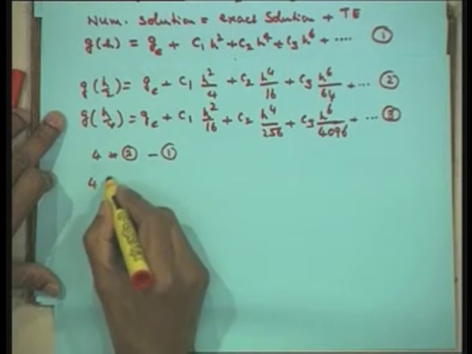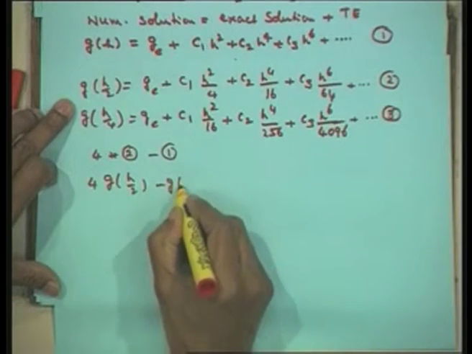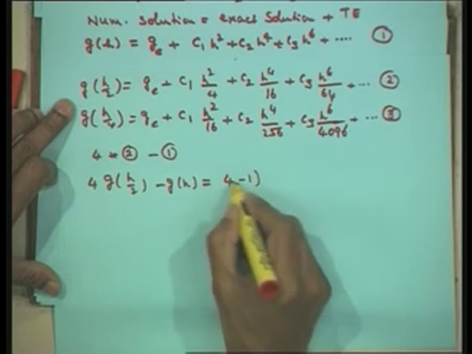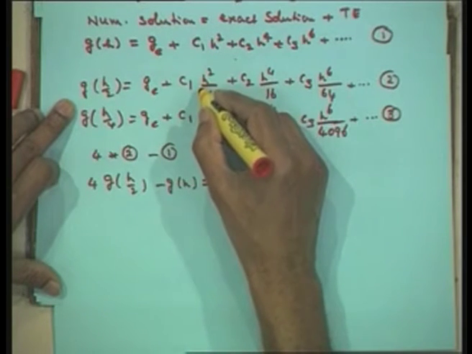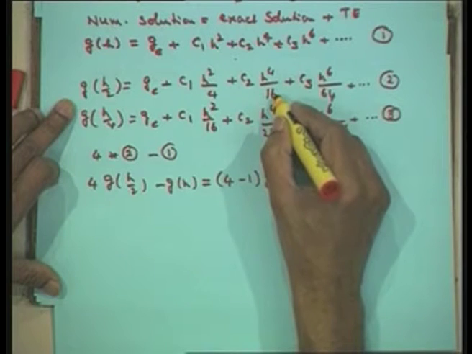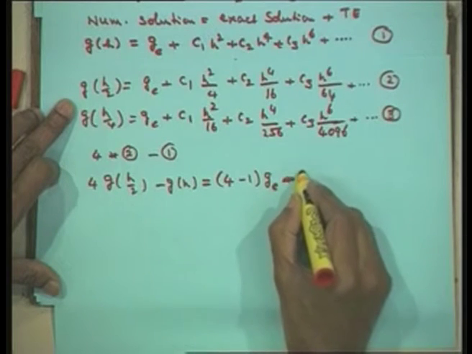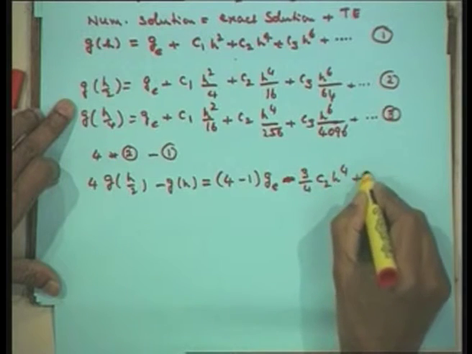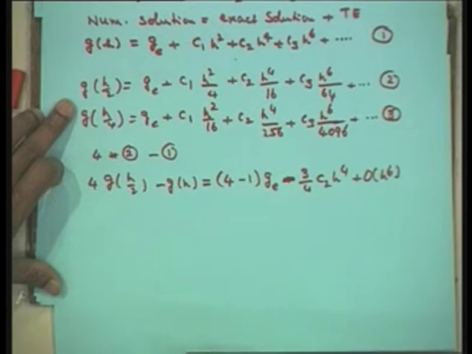Then I get 4 g of h by 2 minus g of h is equal to 4 minus 1, I will retain it in this particular form, plus this has cancelled. Now, I multiplied this by 4, therefore, this is 1 by 4 minus 1. So, I will get minus 3 by 4 c2 h to the power of 4 plus order of h to the power of 6. So, let us write for the moment order of h to the power of 6.